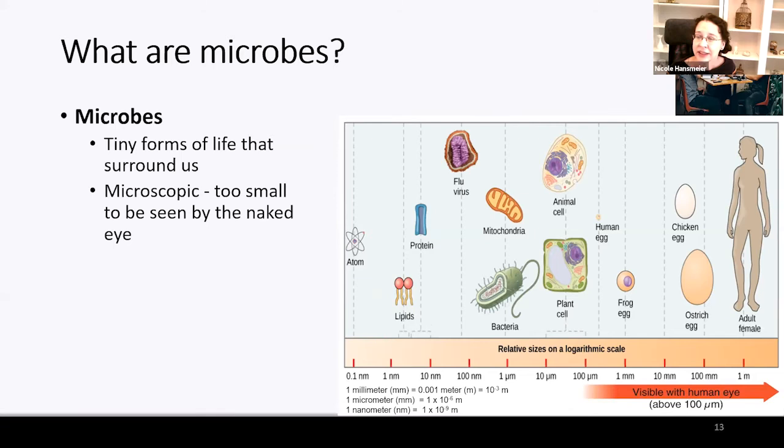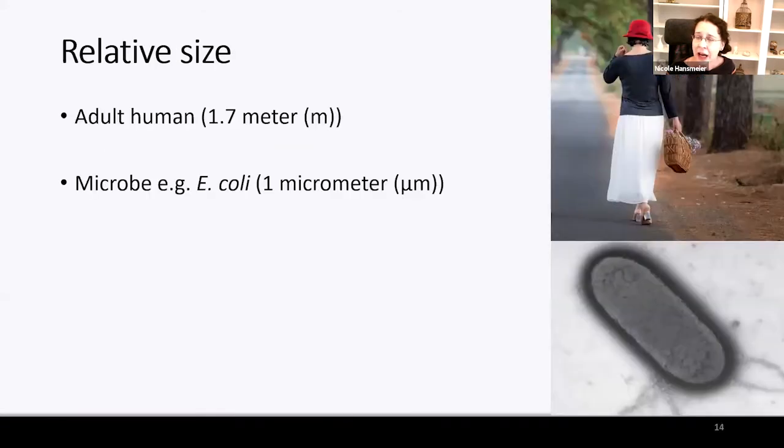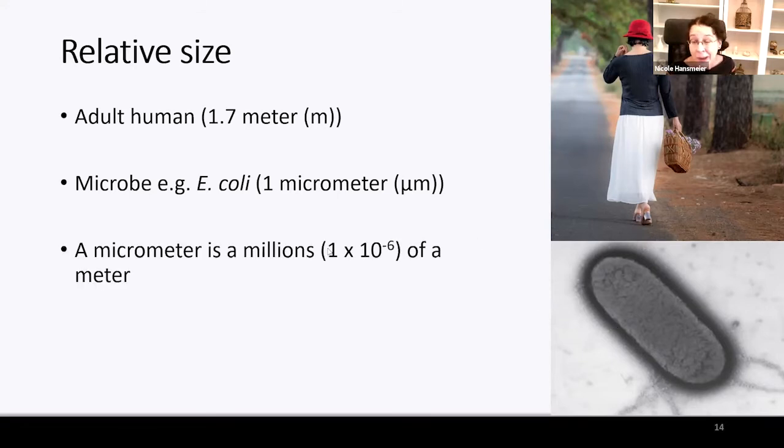And to give you another idea of how small micrometers are, let me give you an example here. So this person is 1.7 meters, and one microbe, for instance E. coli, a commensal of our gut system, is 1 micrometer, which is a millionth of a meter. So you see here 10 to the power of -6.